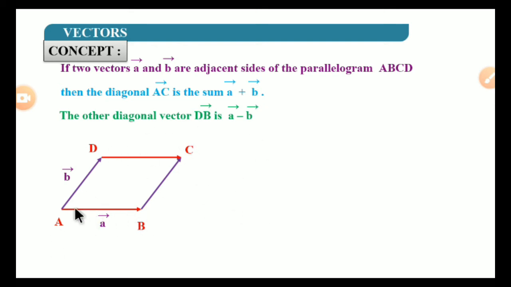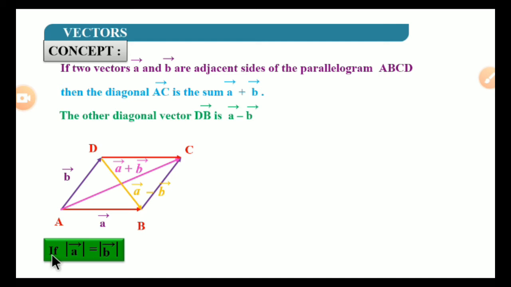So here it is the vector A and it is the vector B, and now here we have the diagonal AC is A plus B, and another diagonal, that is DB, is equal to A minus B.